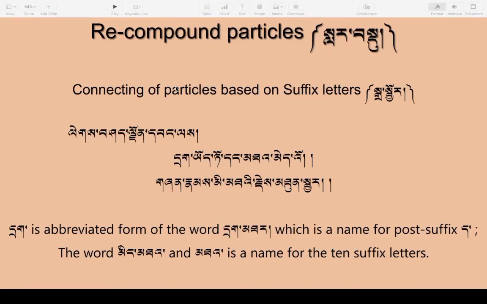Now write the 5 prefix letters, which are ka, ta, pa, ma, ha. And then it says, what is the definition of suffix letters? The definition is, these are the letters that follow the foundation of names.